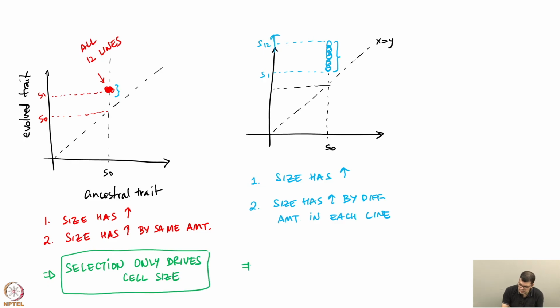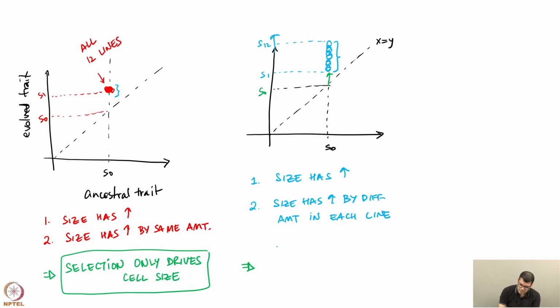On the other hand, in this case selection did act because all 12 lines have increased from the ancestral value. It is not like you can decrease your cell size value when you are evolving for faster growth in glucose. Increase has to be there, but that increase could be anything. There is a range in which the increase could happen, it does not have to be an exact number like in this case.